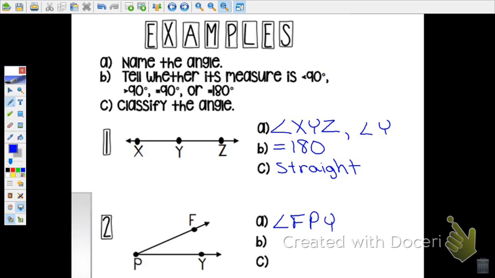And again, we could also just use the vertex P because that's the only angle in the picture. So what do we know about its measure? It's less than 90, which means the classification is acute.